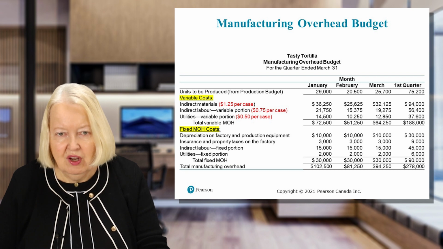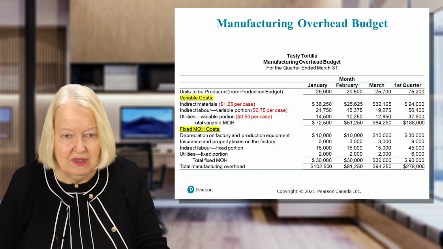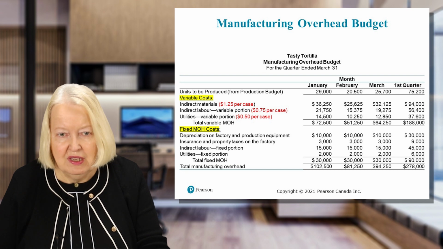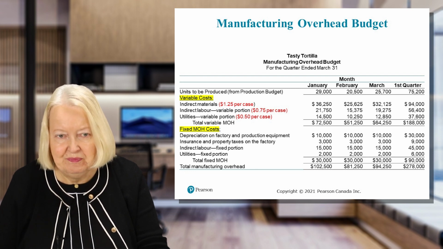So the variable cost are indirect materials, indirect labor, and utilities. And in any problem, you would be given the information that it's the cost of each one. So for the materials, it's $1.25. Indirect labor, it's 0.75. And utilities is 0.5. So it's a matter of multiplying each of those times the 29,000 units.